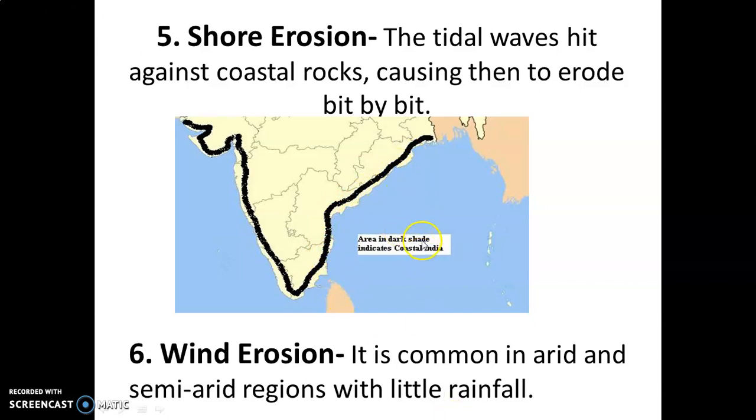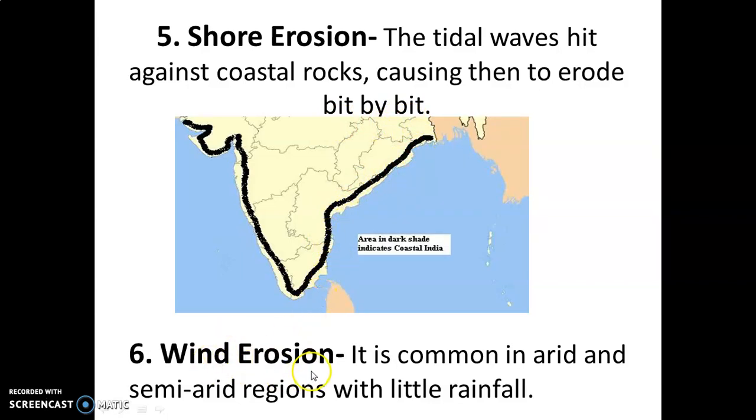Cyclones occur in the last week of September, October, and cyclones bring lots of floods, and if the flood hits against the coastal part of India, then also weathering takes place. What is weathering? Meaning is breaking down of rocks. So see, causing them to erode bit by bit. Bit by bit means piece by piece, means the rock starts breaking down.